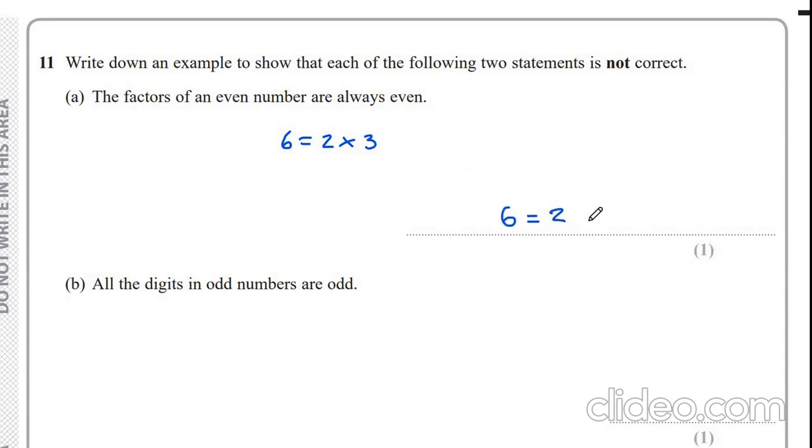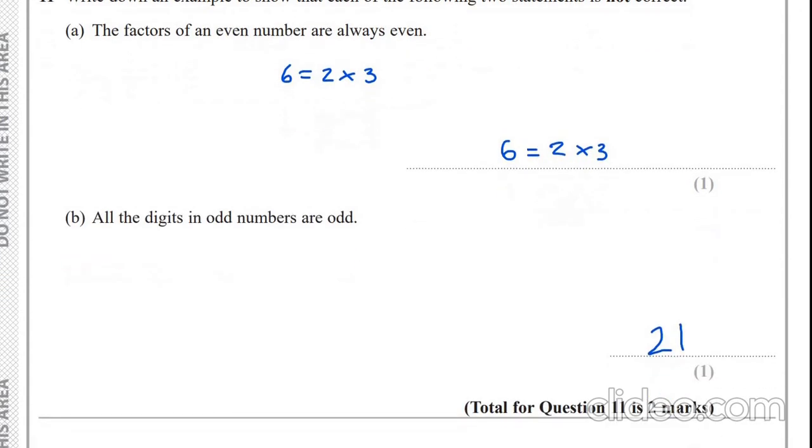So if you can just write that, that should be good enough. All the digits in odd numbers are odd. Well, that is not correct either. Suppose you have 21. This is an odd number, but you have 2 here, which is an even digit.